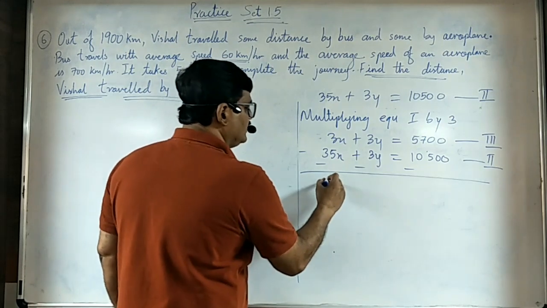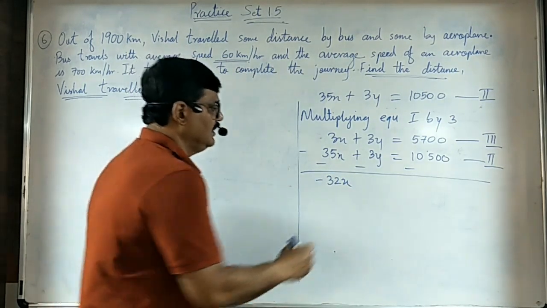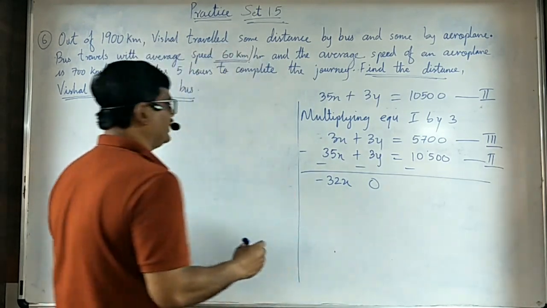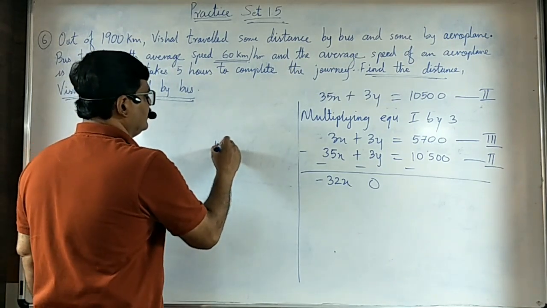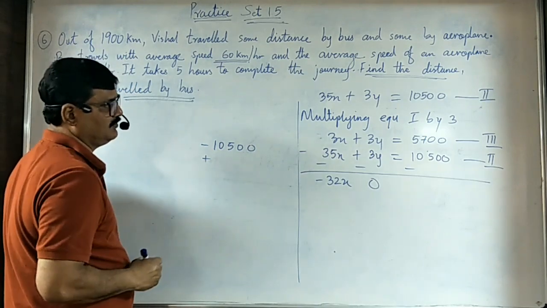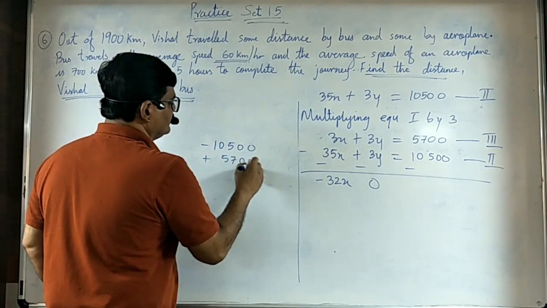You will be getting 32, but with the bigger number's sign, that is minus 32, and this will be 0. We have to subtract 10500 minus 5700.